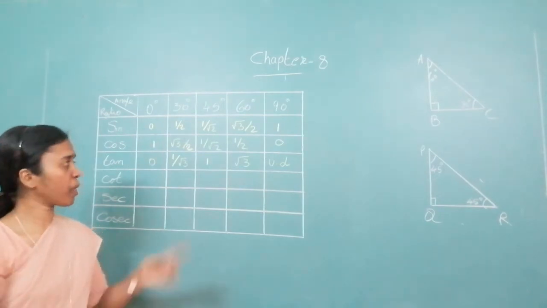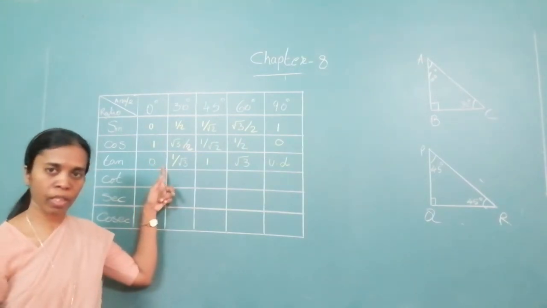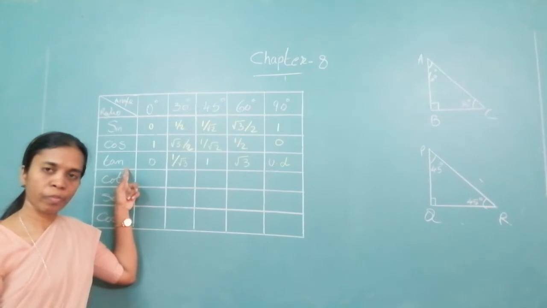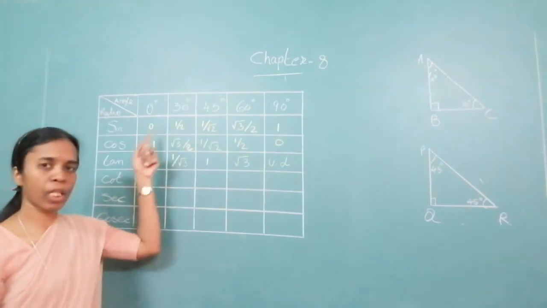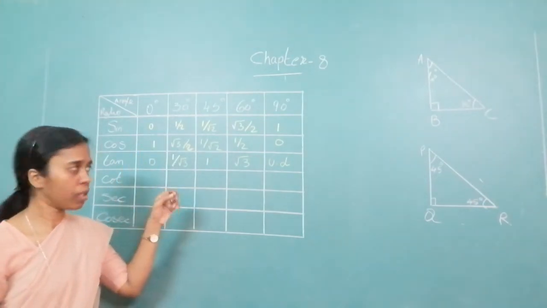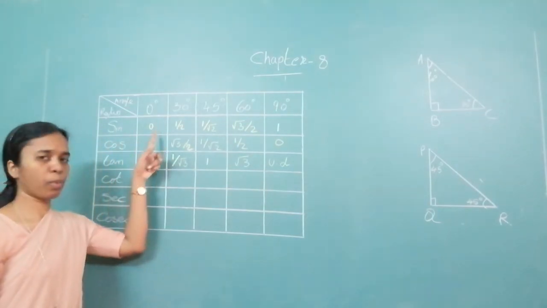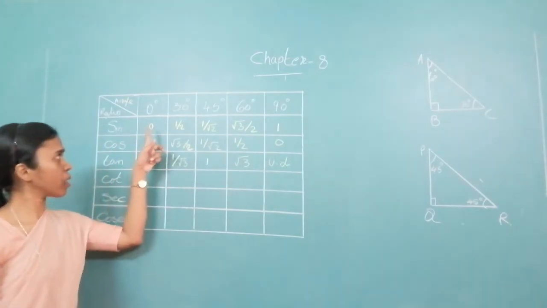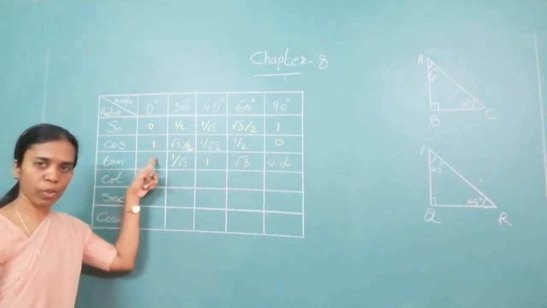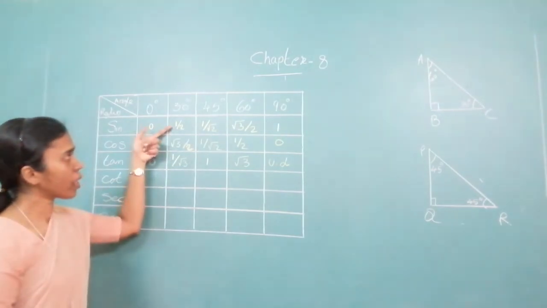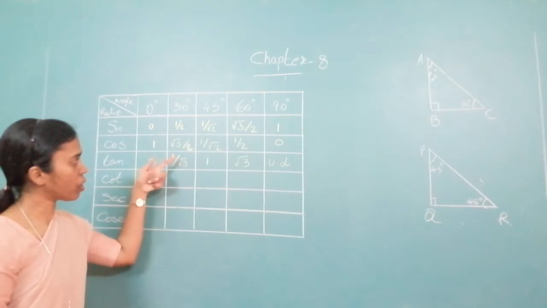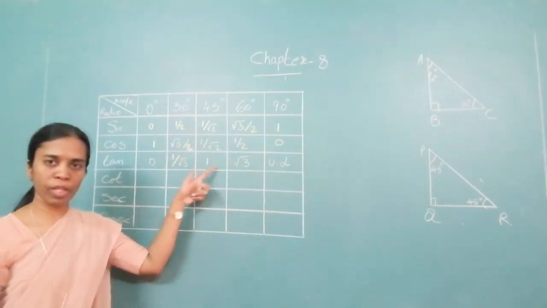Okay. So I repeat how to get the third line. Third is tan. Tan is sine upon cos. That is this upon this. When you consider this upon this, you only look at the numerator. 0 upon 1, 0. Look at the numerator. 1 upon root 3. So what is in the second line will come in the denominator part.